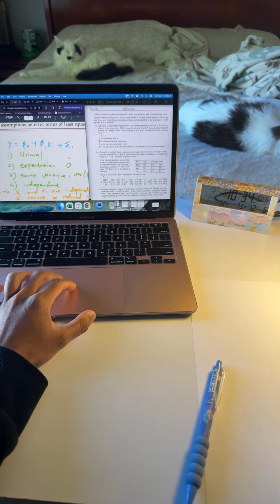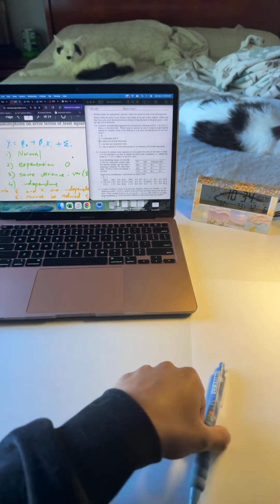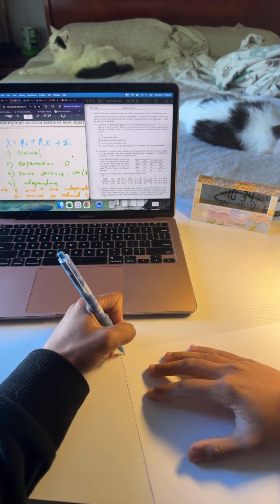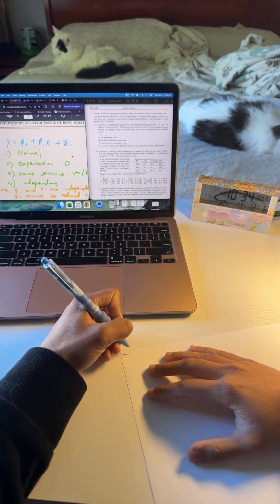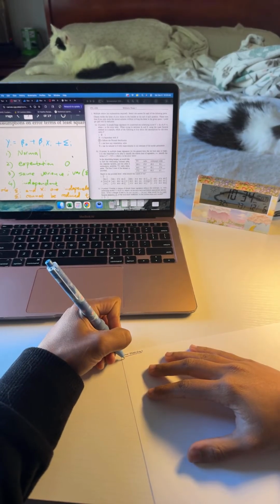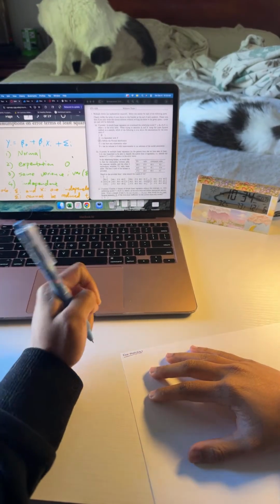So these are the assumptions. We have normal. 4 assumptions on error terms.